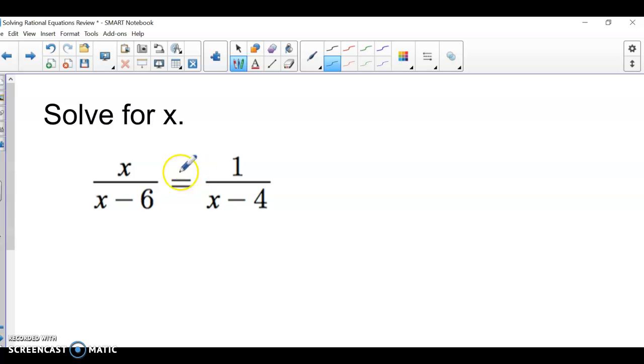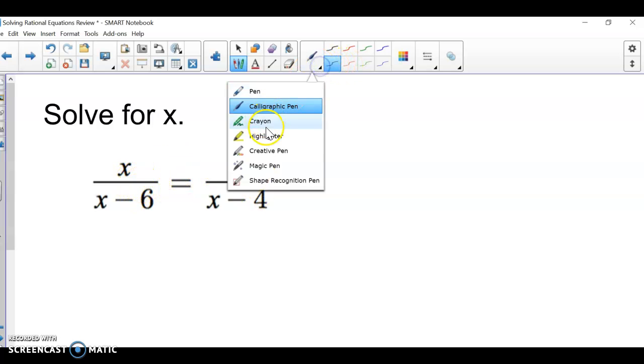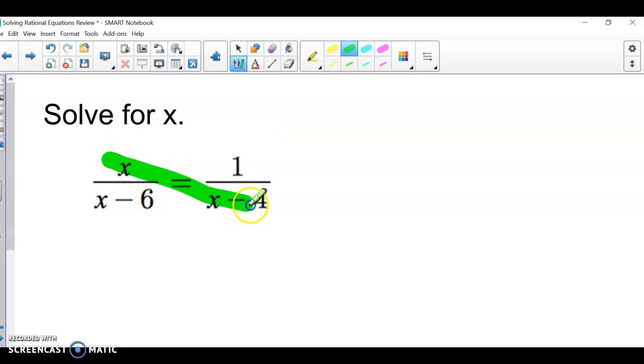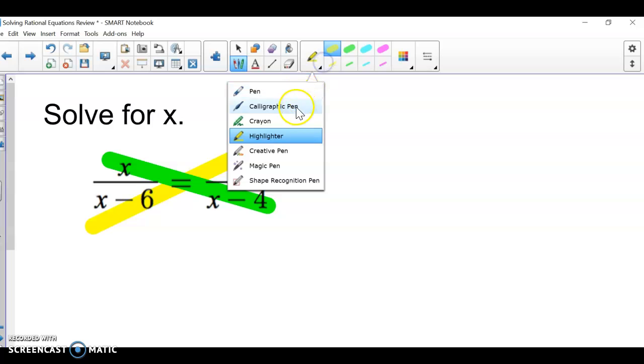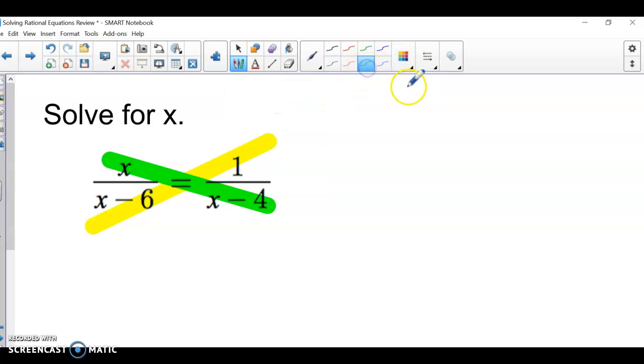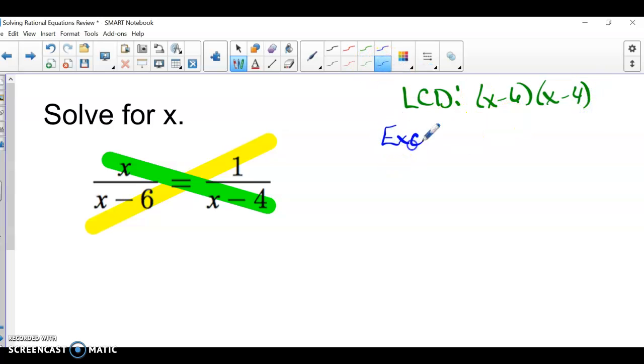Once again, we have one fraction equals one fraction, so we can solve this one by cross multiplying. Before I cross multiply, I do still have to identify my LCD, which is both of these quantities, x minus 6 and x minus 4. From here, I have to identify my excluded values.